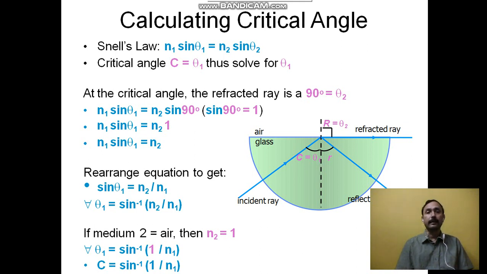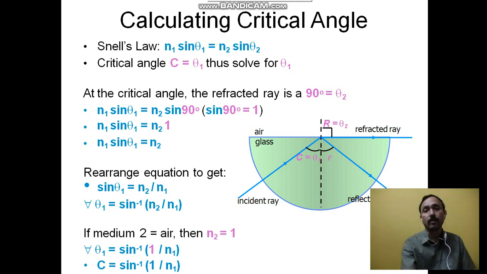Calculating the critical angle. From this picture, this is the refracted ray making an angle of theta 2, and this is the incidence angle, theta 1. If C is equal to theta 1, this is the reflected ray.